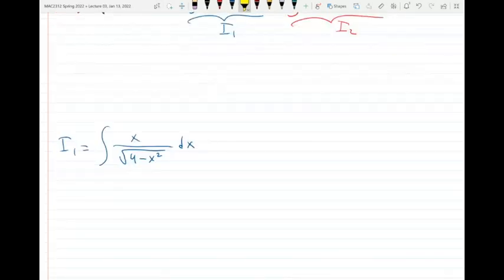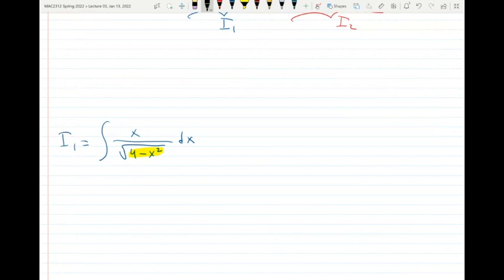And like most of you pointed out, all we have to do here is a little u sub. We let u be 4 minus x squared, and we'll be able to do it like this because your du is negative 2x, right? And we already have an x in here. We just need a negative 2, but that's pretty easy to deal with. When you're off by a constant, that's not a problem. So let u be 4 minus x squared.